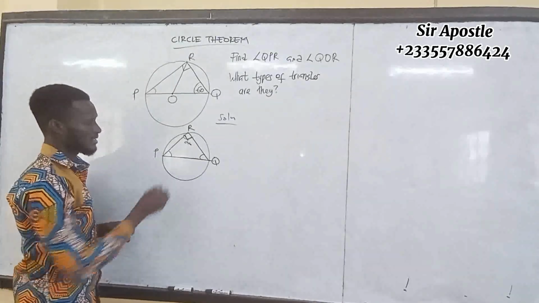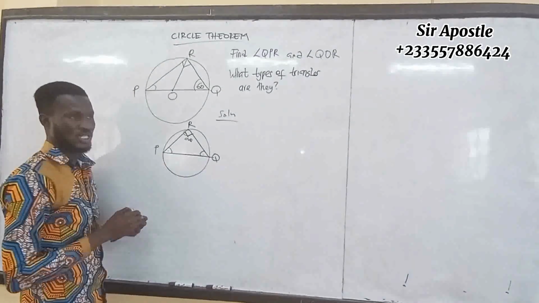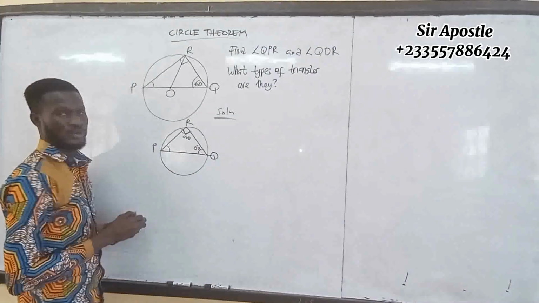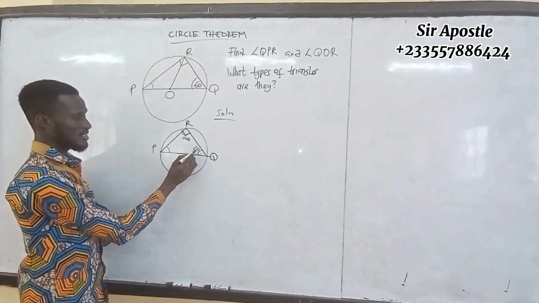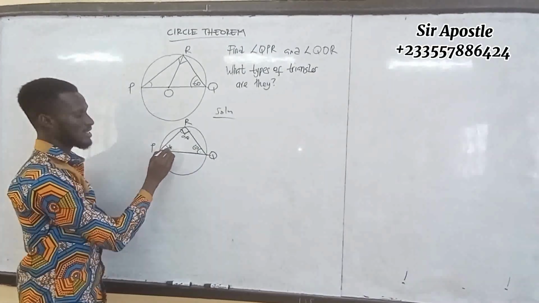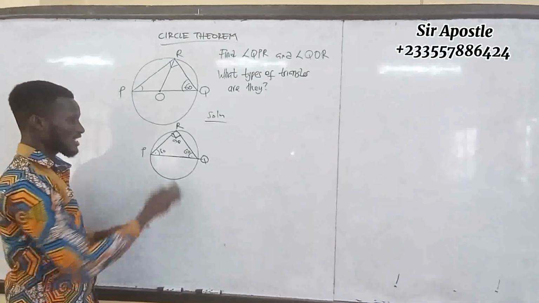So it means that 90 plus here is supposed to give us 180 degrees. We know this place to be 60 already. Then it means that 60 plus 90 plus here is supposed to give us 180. Then we can say that the angle here is 30. Very simple like that. Now let's present the answer.